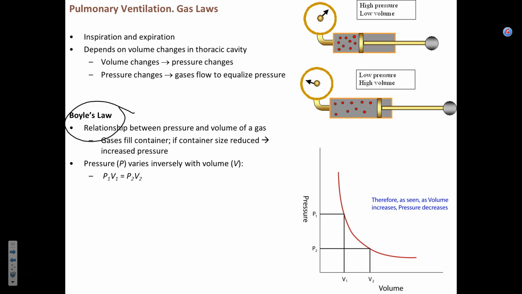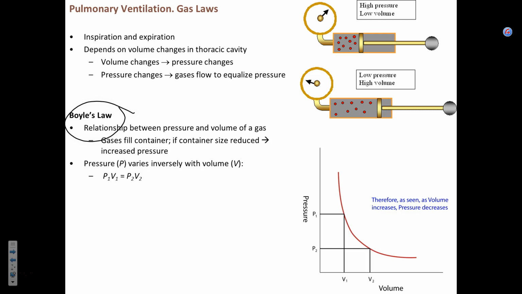Pressure in the pleural cavity decreases. Pressure in the lungs decreases, they inflate. I decrease the volume, I increase the pressure, I push the air out of the lungs. Does that make sense?